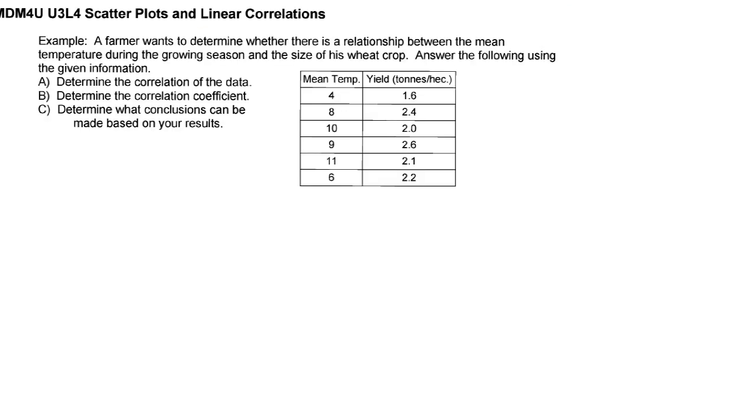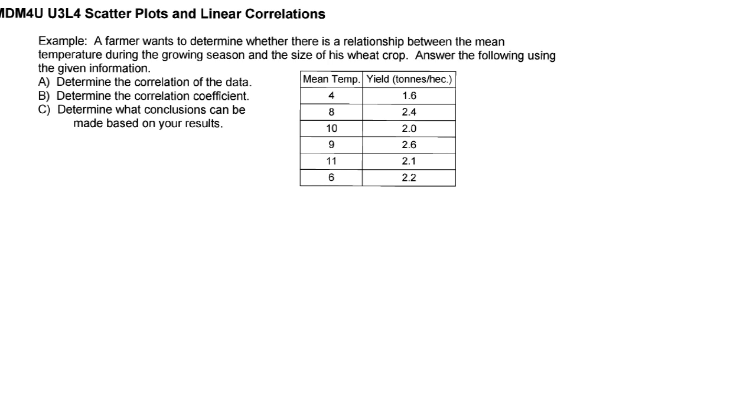So imagine if we have a problem like this. We have to take some information, i.e. the stuff from this farmer and his yields of wheat crop, okay? So the farmer wants to determine whether there's a relationship between the mean temperature during the growing season and the size of his wheat crop.